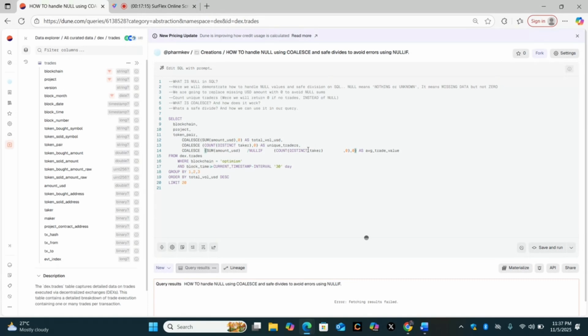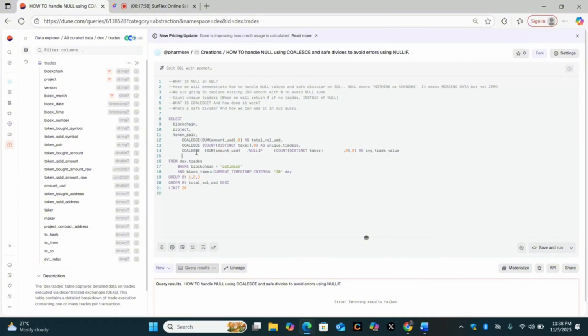If you count this and you are getting 0, first of all, this whole bracket signifies that if there is any null, you convert that null to this 0. Now, if this is 0 and this is 0, for example, this NULLIF now makes that 0 stand out as null. So we'll be having something like, let me just give an example.